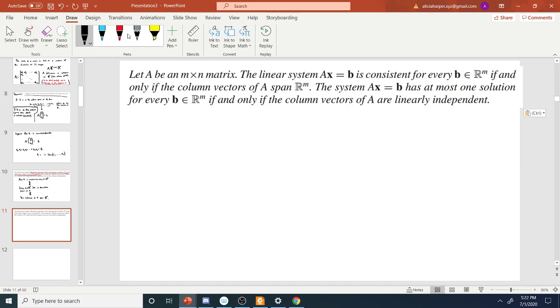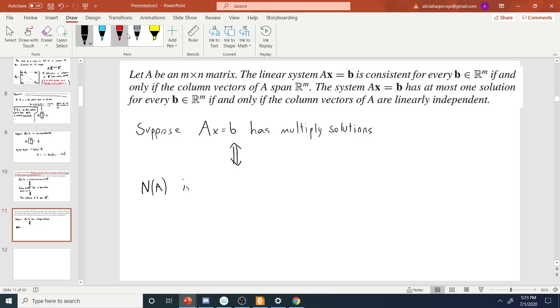So suppose AX equals B has multiple solutions. This implies, or I should say is equivalent to, by a result that we proved two lectures ago, the null space of A is positive dimensional.